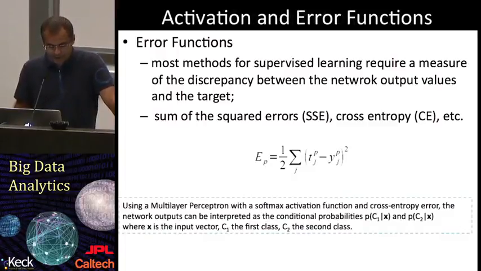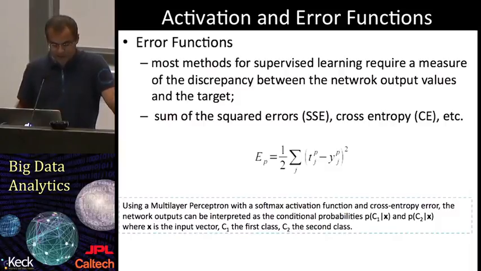For example, using a multilayer perceptron with a softmax activation function and cross entropy error allows us to interpret the network outputs as the conditional probabilities P of class 1 given X and of class 2 given X, where X is the input vector.